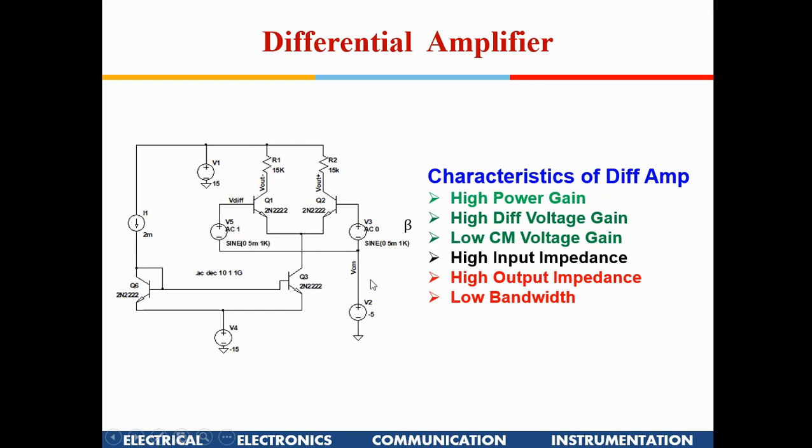So this has a very wide variety of applications. Is it clear? This amplifier is going to amplify only the difference of the signals applied at these two nodes. It will become very clear once we see the derivation part.